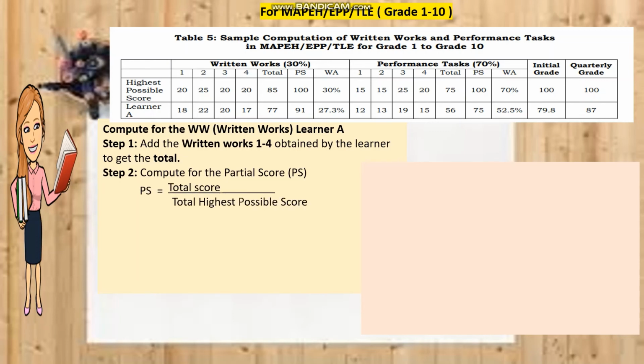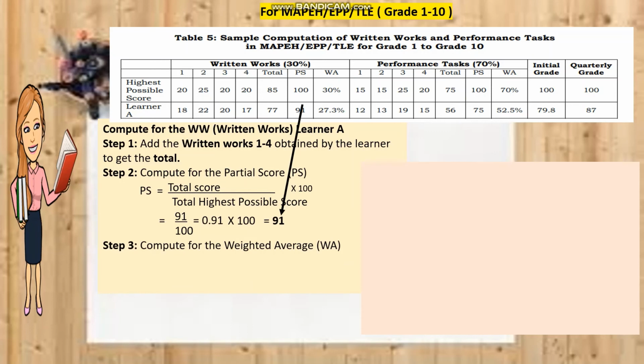Partial score is equal to total score divided by total highest possible score multiplied by 100, equals 91 over 100. The answer is 0.91 multiplied by 100, is equal to 91. Partial score for the written works.